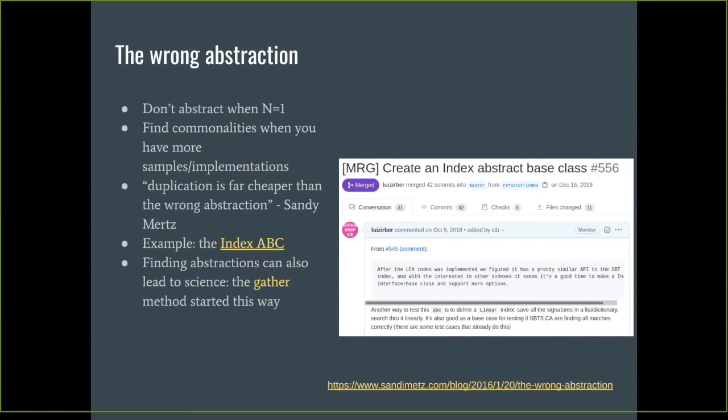So specifically for sourmash, I like two examples. One of them is the index abstract base class that was created when we started moving common methods for dealing with different index classes. In sourmash, we have this thing called an LCA database and an SBT database.